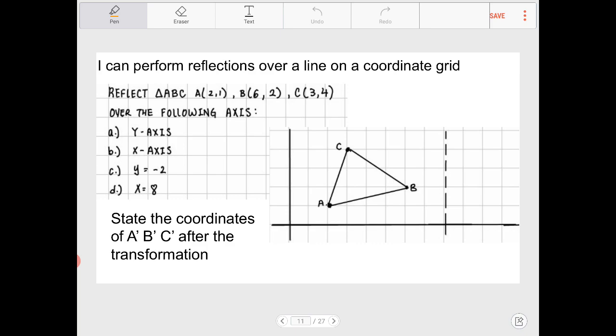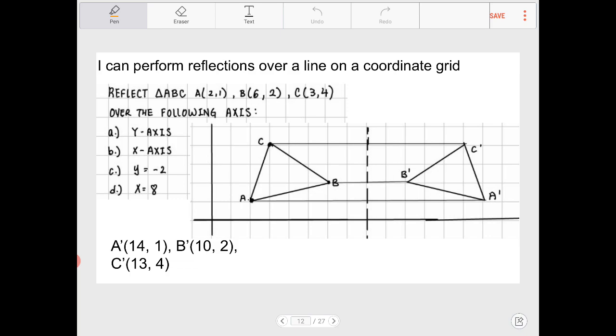That is x equals 8, which is a vertical line that passes the x-axis at 8. So again, we're going to perform the necessary reflection. I'm counting here that they are 5 away from the axis of reflection, 2 away from the axis of reflection, and 6 away from the axis of reflection. So our final picture looks something like this. And these are our coordinates here.